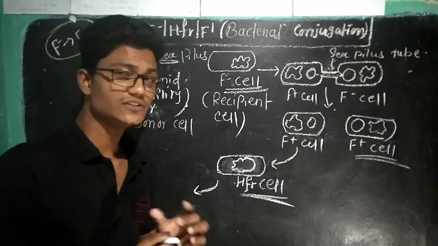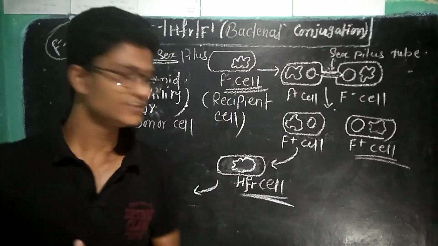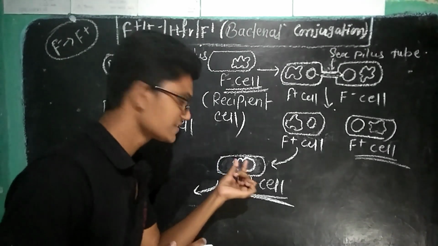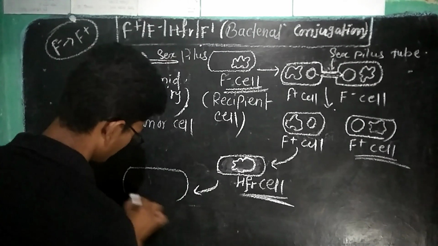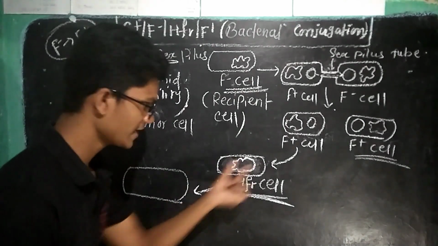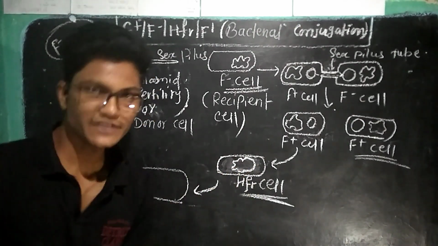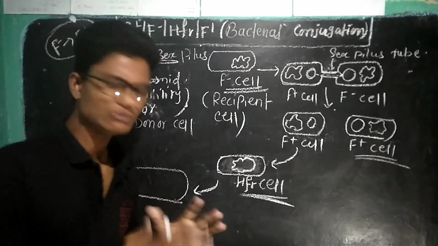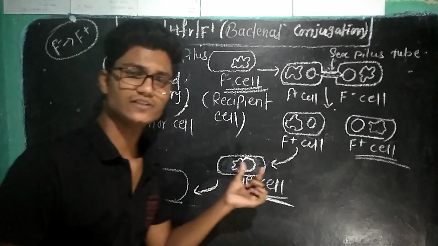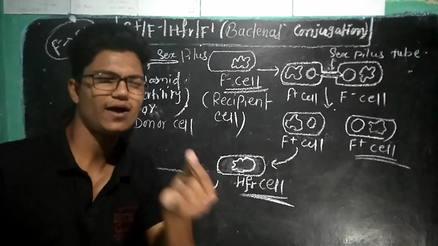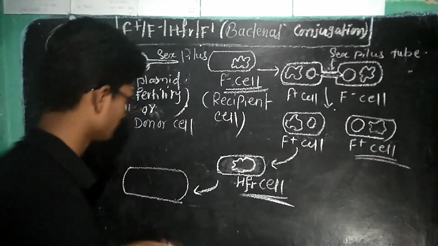So the plasmid does not separate individually. If this plasmid tries to separate, it can't separate as a whole part. It takes at least some part of the chromosome.